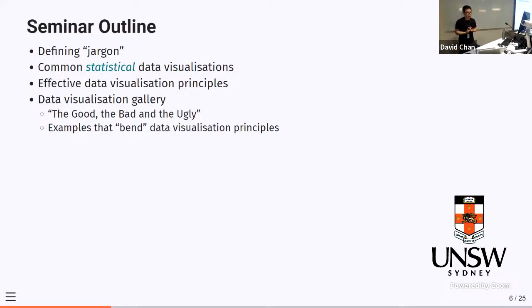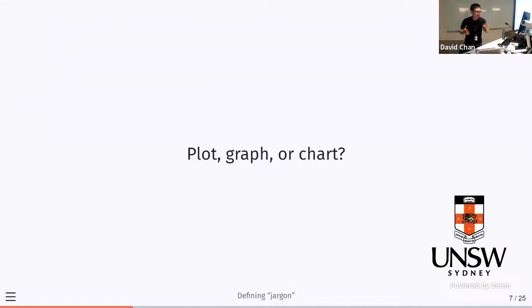So the first question I've got for everyone is: is it a plot, graph, or chart? Take a minute to think about it while I describe my train of thought. Your default choice of word depends on where you've learned how to visualize data from.